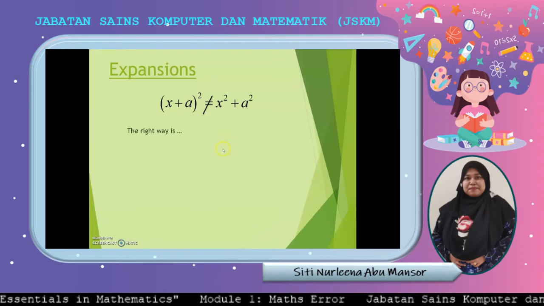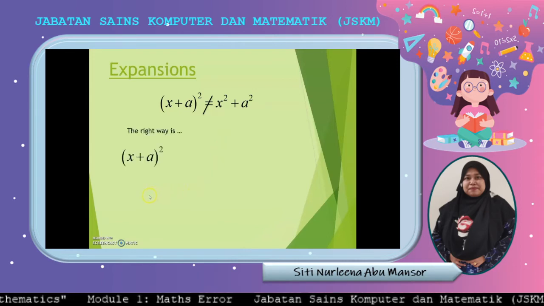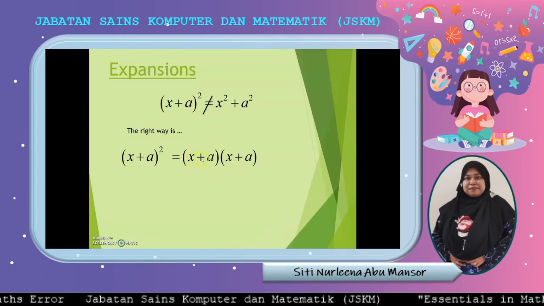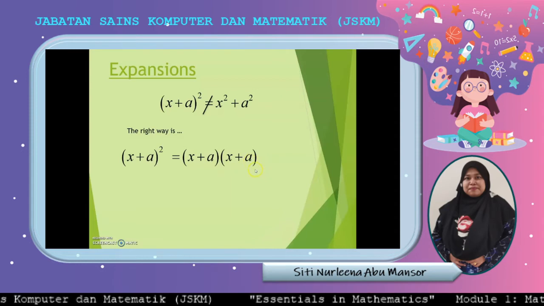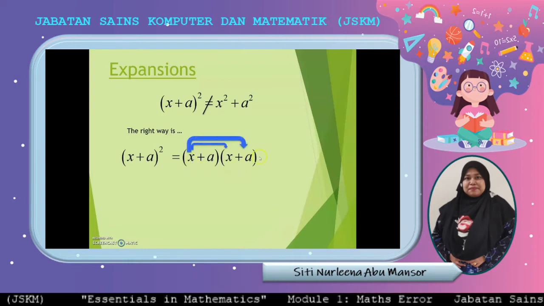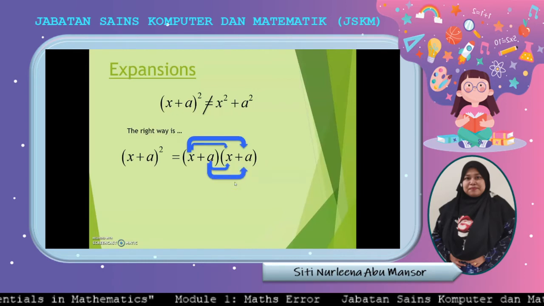Okay, the right way, in order to expand x plus a squared, is equal to the first bracket of x plus a multiplied with the second bracket of x plus a. Okay, this is the correct way. Next, you multiply x with x, and x with a, and a with x, and a with a.